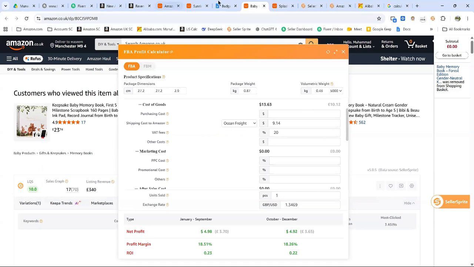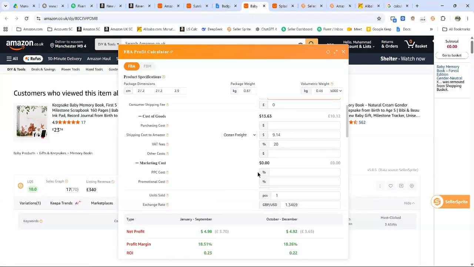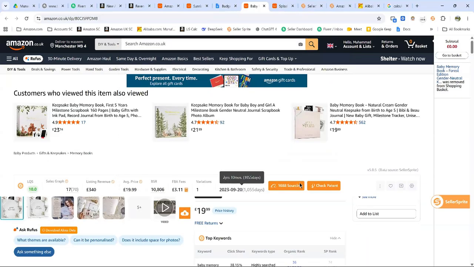So we are below the 35% fee mark. And if we source it at, let's say, $6, which is 4.5 pounds, we are at a profit margin of 46%, which is also within our criteria. So that's how we do the calculation.